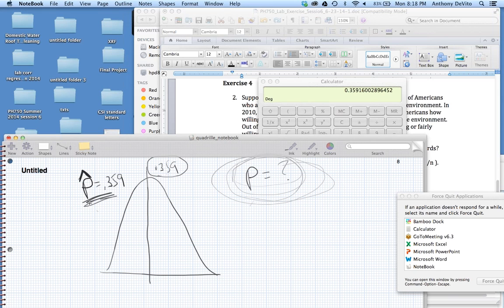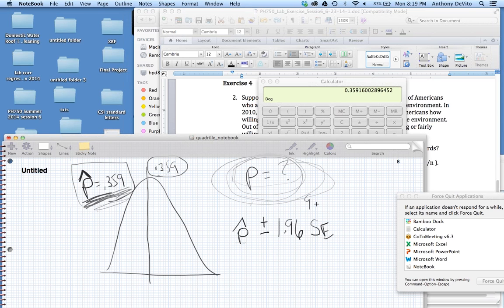Just like before, when I was dealing with a mean, this time I'm dealing with a proportion. So I want to know with some precision. I know it's 0.359, what I got for my sample. But how do I know what my population value is with any certainty? Well, just like before, we're going to start with P cap, and we're going to add and subtract 1.96 times the standard error for P cap.